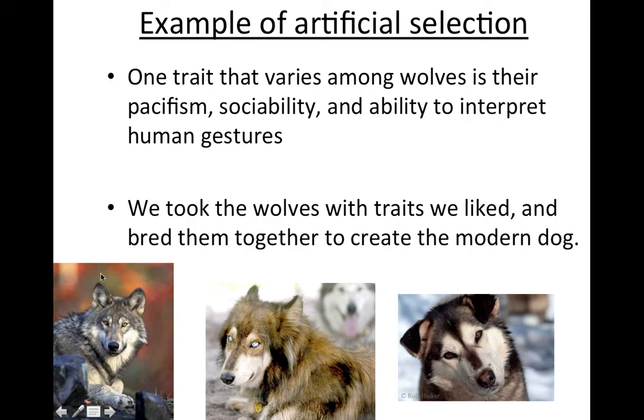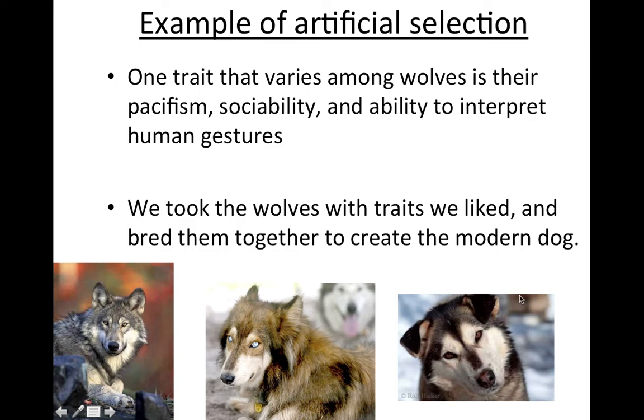And we only mated the ones that had the qualities that we liked. So we picked the ones that were the nicest, that were the cutest, that were the friendliest, that could interpret our commands, that would follow our commands well, and we only mated those together. Until pretty soon, over many generations, we ended up with the modern dog.